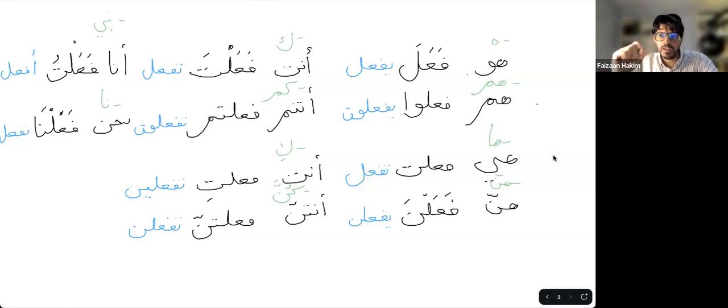You should learn the pronouns to the level that we could just speak in Arabic with the pronouns. I can just say, huwa fa'ala, and you know exactly what I mean. Huwa, anta. As soon as you get to the stage where you no longer need to translate these pronouns, but you can understand them in Arabic itself.